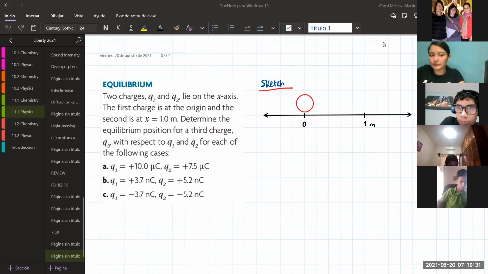And I leave it there. And also the other charge is a positive charge too.